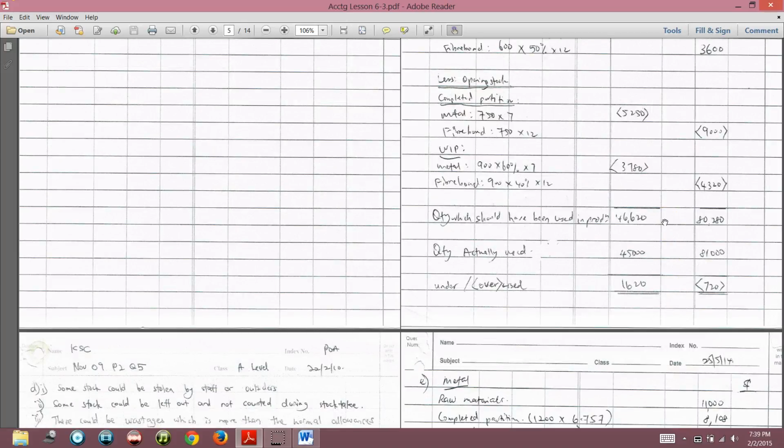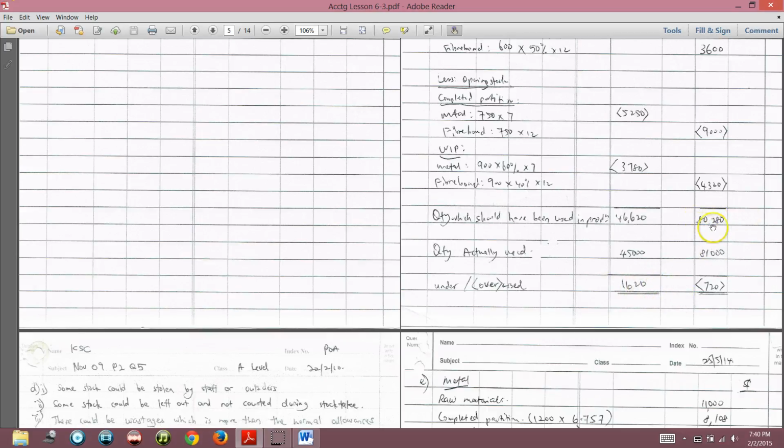The production manager is explaining to the boss, so the quantity that should have been used, okay, by us is 46,600, but we actually only use 45,000. So we have underused 1620. Okay, we have underused 1620.